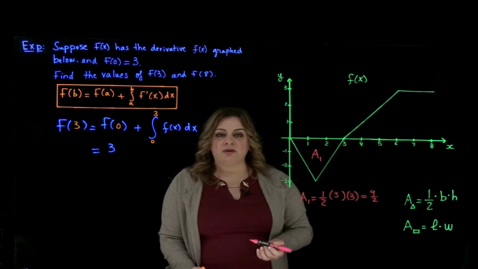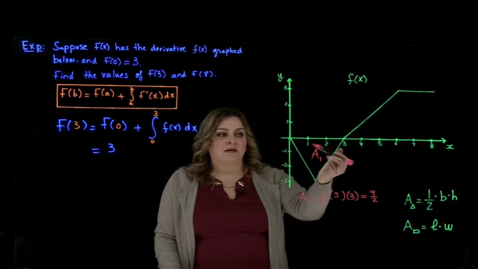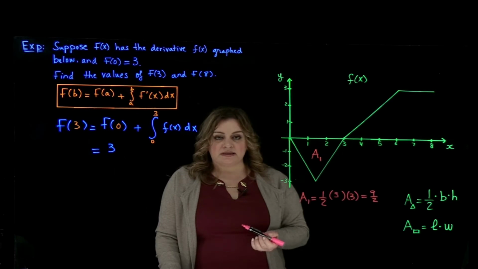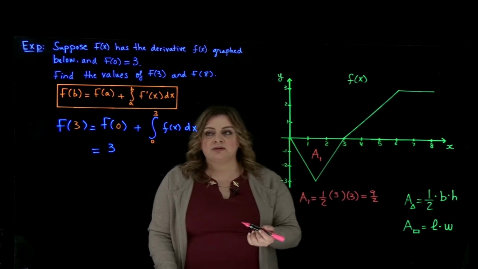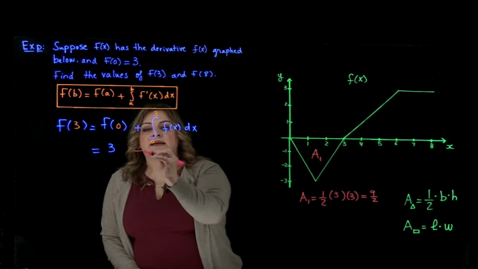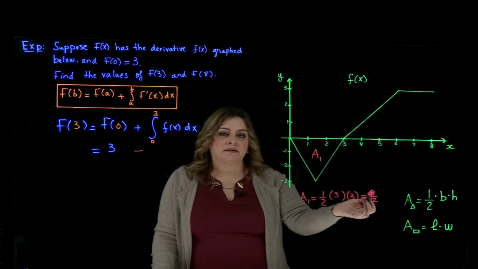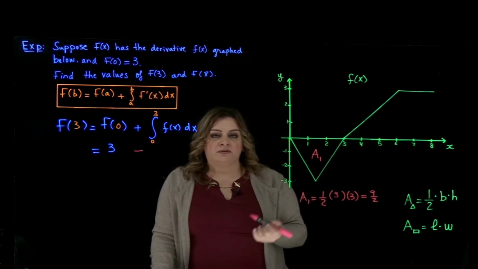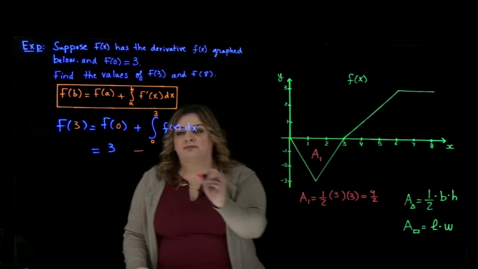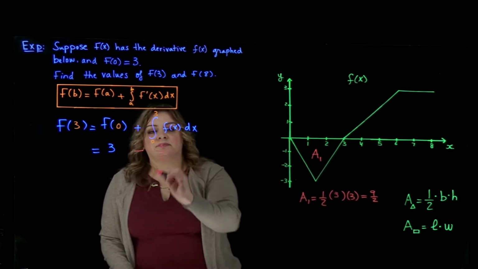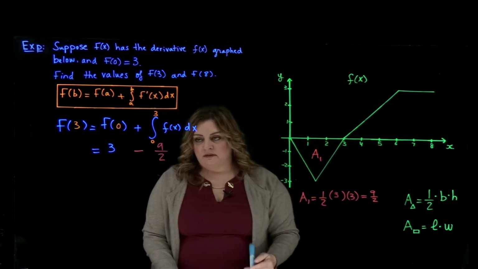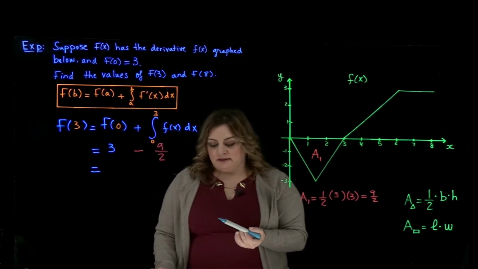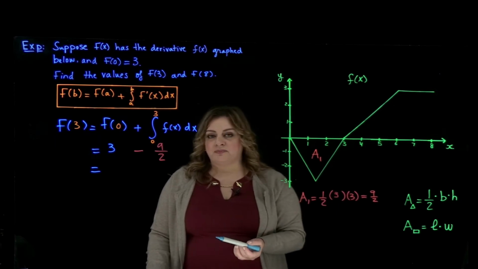We want to be careful here. Our function is below the x-axis, which means our function is negative, and we want to substitute this integral with a negative of the area of the triangle we found, 9/2. Now we want to add 3 and negative 9/2.